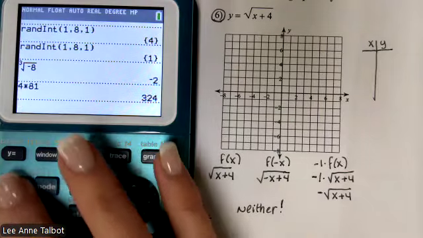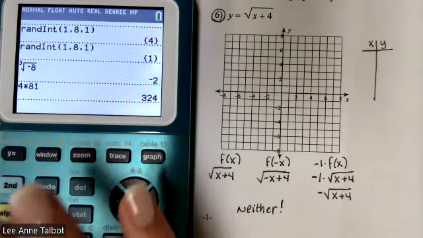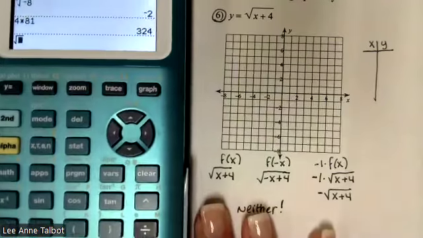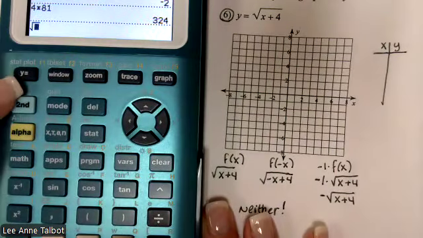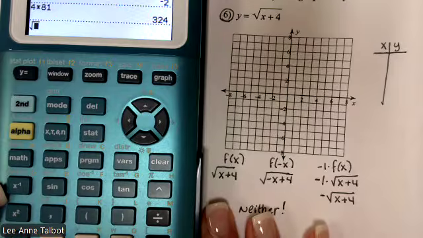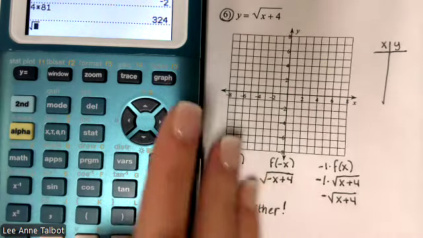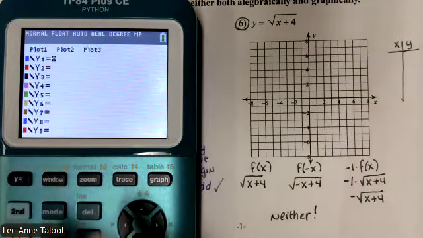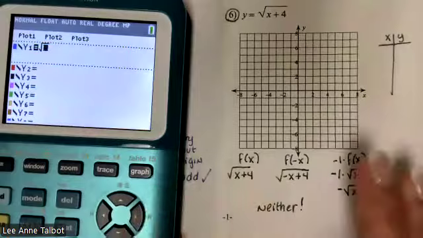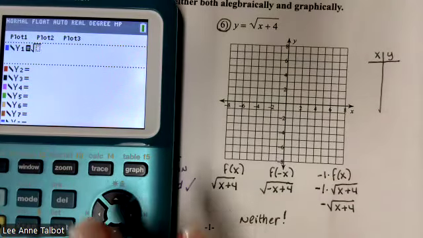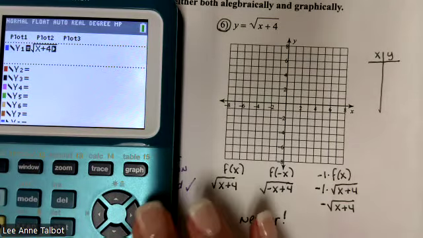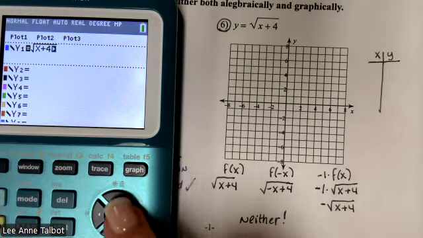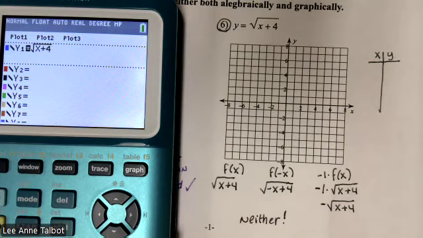That's harder. Go second x squared. You see the little square root above the button? Second x squared. And then x plus 4 inside. And I'm a nerd, so I will arrow out just to finish it off.